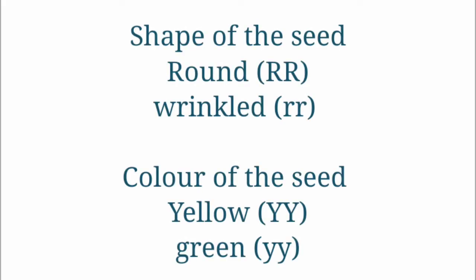Now, the shape of the seed is represented as what? Capital RR for round and small rr for wrinkled. And the color of the seed is represented as capital YY for yellow and small yy for green. So he took homozygous round and yellow seeds. Homozygous means same alleles: round, capital RR, yellow, capital YY.